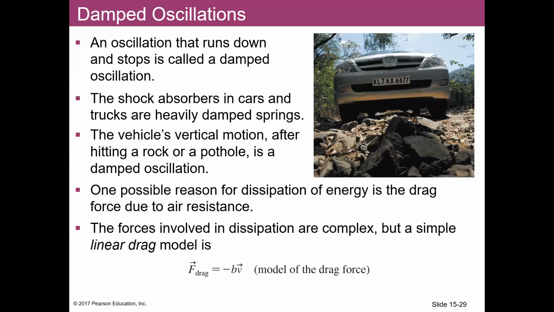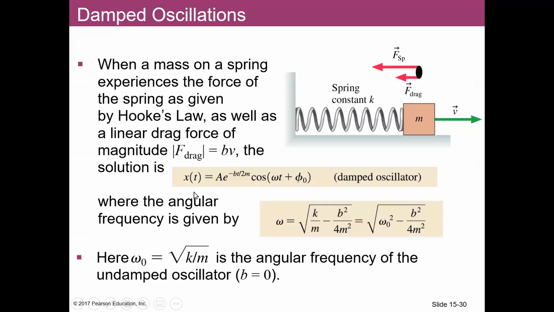They talk about damping, and sure enough, they start off with this linear drag force, minus b times v. They talk about shock absorbers and do all this setup that I just did, and they have the answer right here, x of t. They also have the phase constant, which is essential as well, but the book just quotes this result, so they certainly don't derive it like I just did.